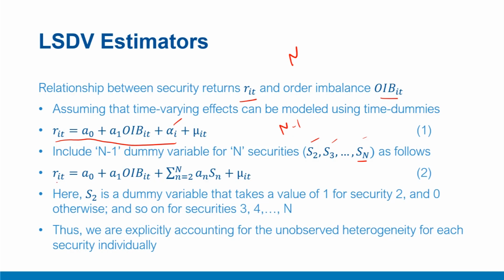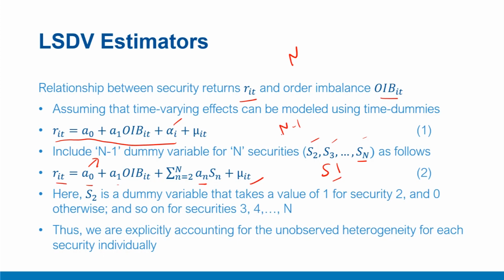And the resulting model will appear like this: R it equal to alpha naught plus alpha 1 into OIB it and so on, summation alpha n into Sn plus mu it. Mu it is the error term here. Notice that we have not accounted for S1, the first dummy, which will be specifically loaded on this alpha naught. So the effect of S1 dummy will be loaded on alpha naught.